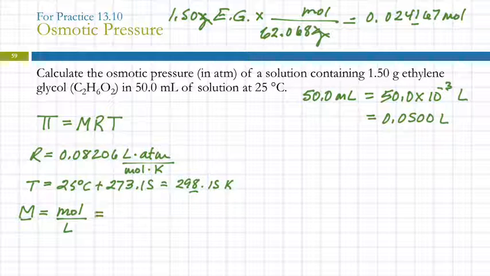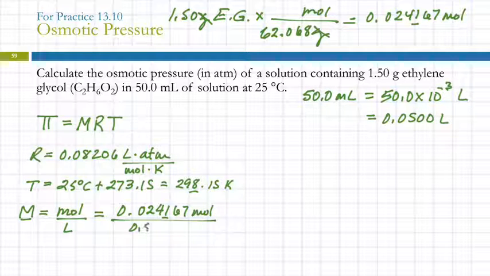So the molarity is the number of moles divided by the volume in liters, 0.48334 moles per liter.